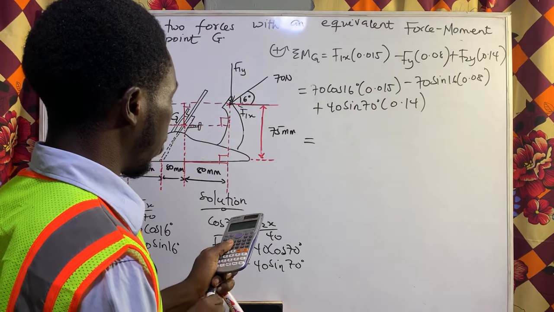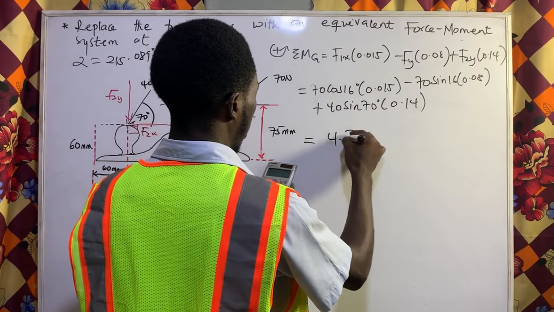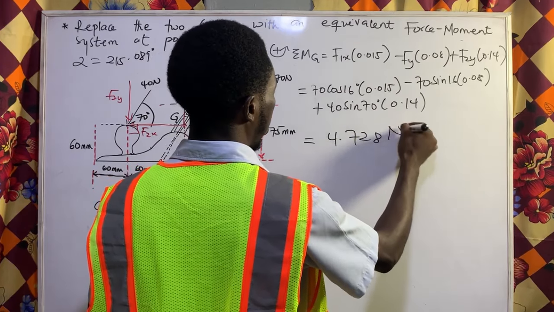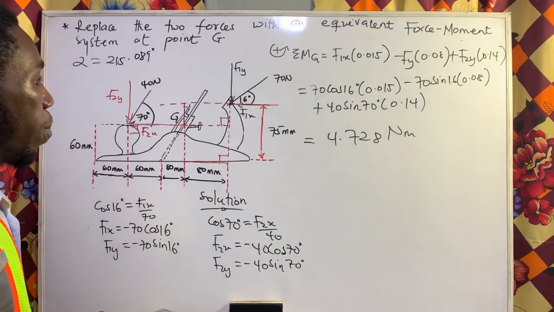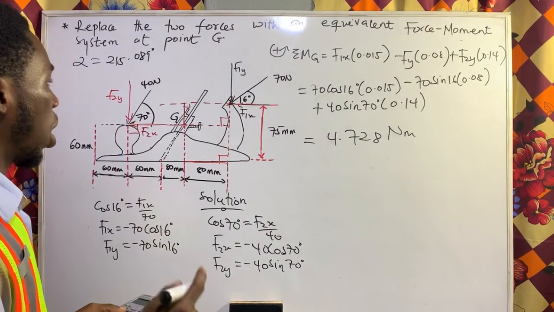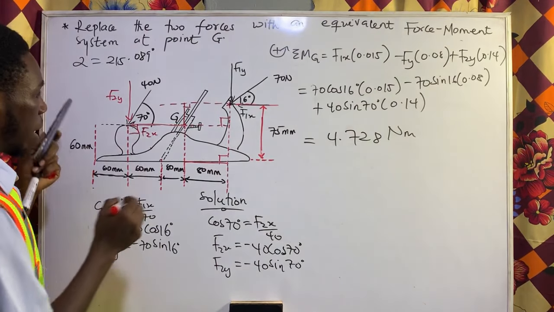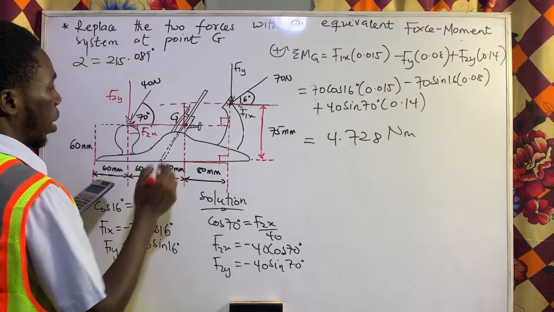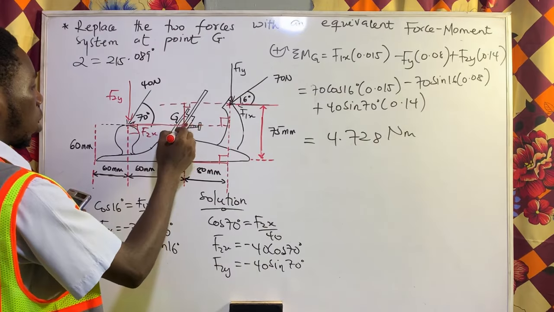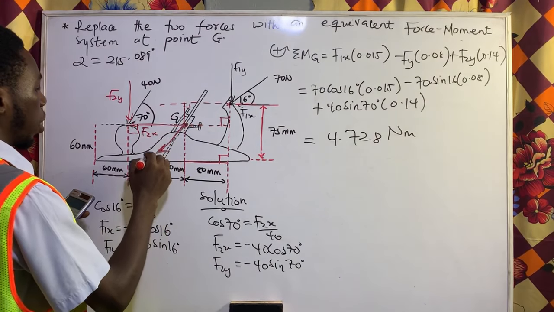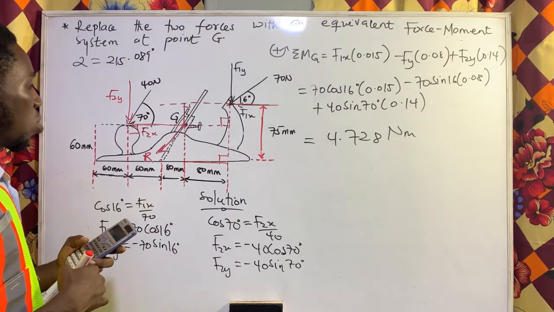That gives us a value of 4.728 Newton meter. Because the value is positive, we have a counterclockwise moment. So we can replace the entire system with the resultant force that we found. Both components were negative, so our resultant force will be somewhere here, and then the moment is a counterclockwise moment.